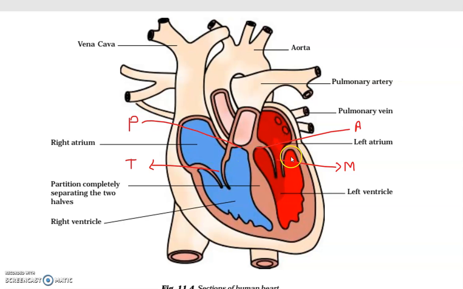Similarly, this also snaps shut once the blood is down in the left ventricle. When these two valves snap shut, there is one sound happening, and that sound is your lub sound.